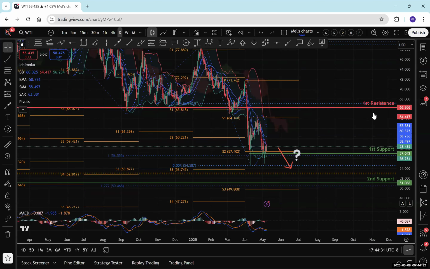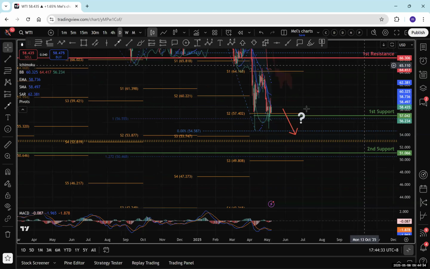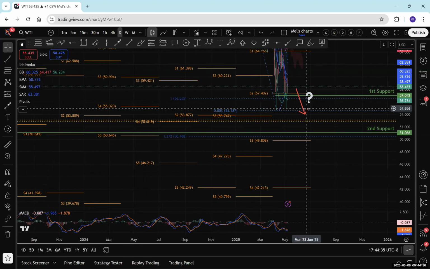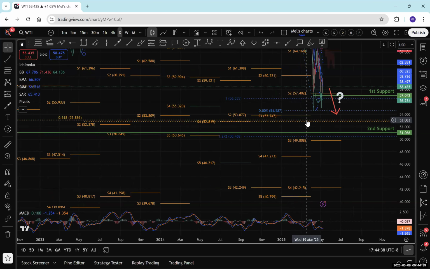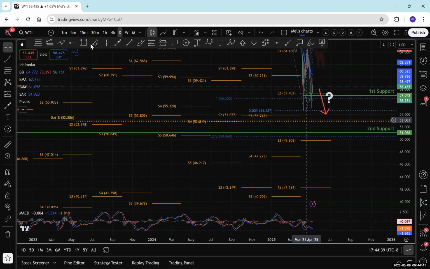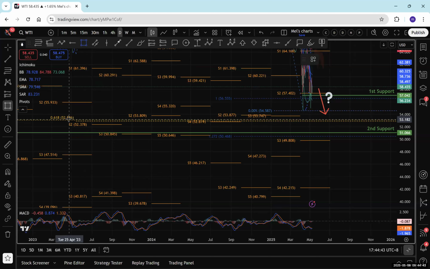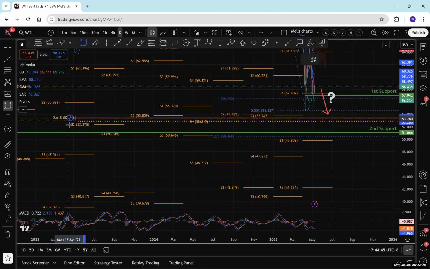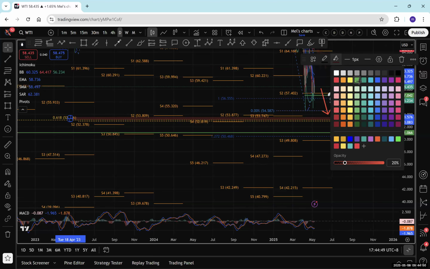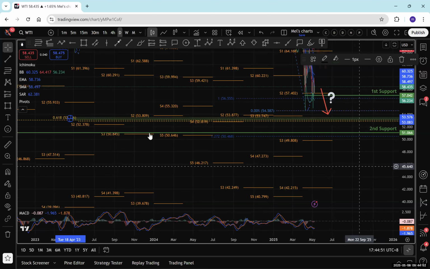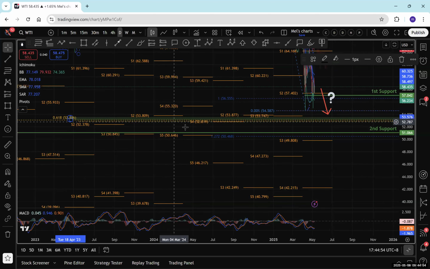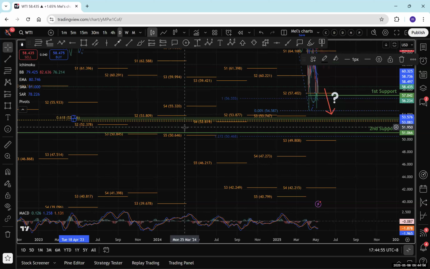Just to give another example, maybe this area here. This can be an intermediate support level. Reason being, we have some Fibonacci levels lining up here. We also have a bunch of S2, S3, S4 lining up here.